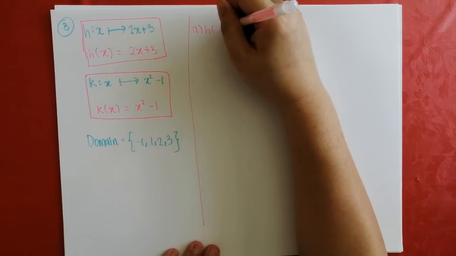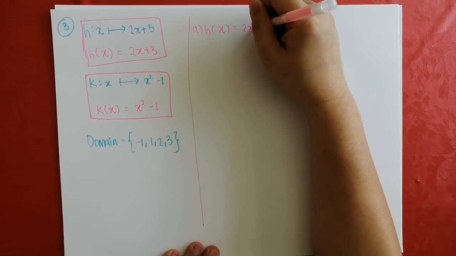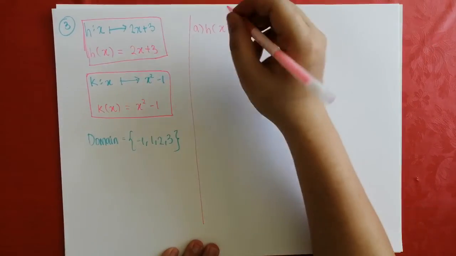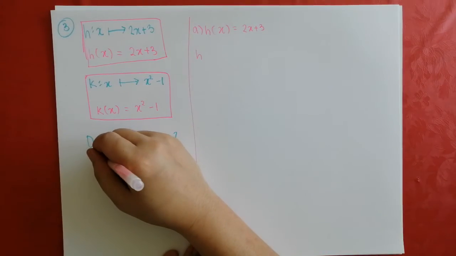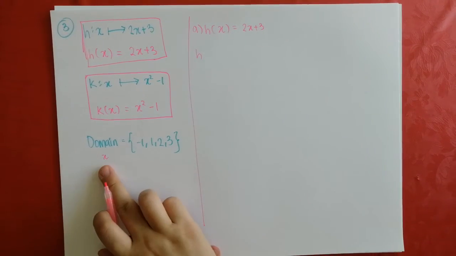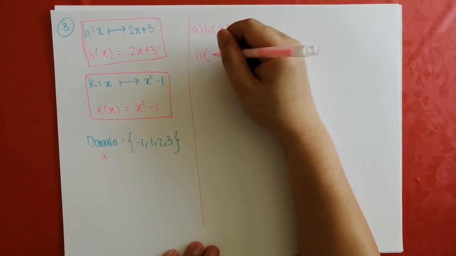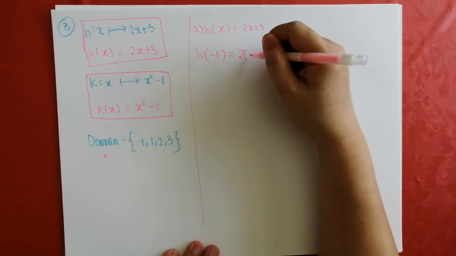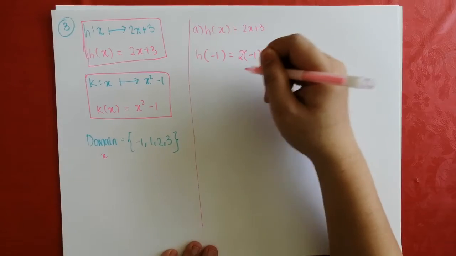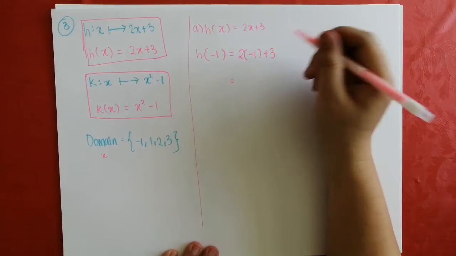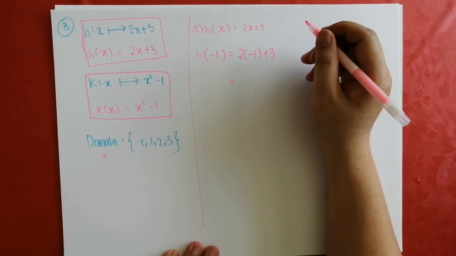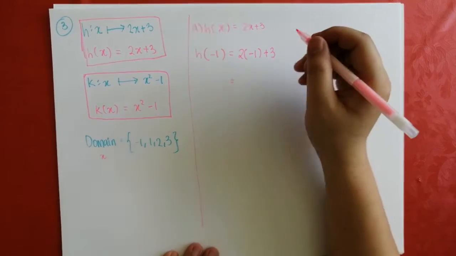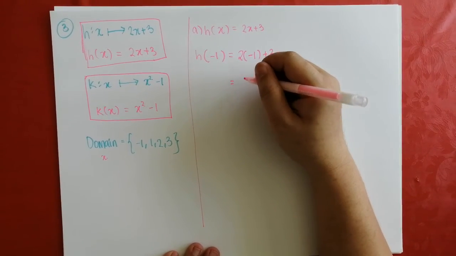So you know h of x is actually 2x plus 3. Domain is actually the x value. So when x is equals to -1, you have 2 bracket -1 plus 3. 2 times -1 is -2. -2 plus 3 will give you 1.